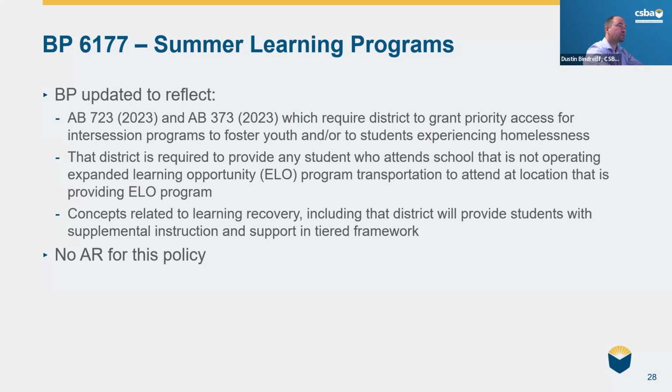Also, this policy was updated to add that a district is required to provide any student who attends a school that is not operating a summer school transportation to attend at a location that is. Finally, concepts related to learning recovery were incorporated. Next slide, please.